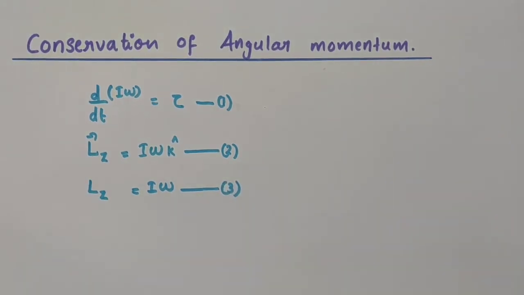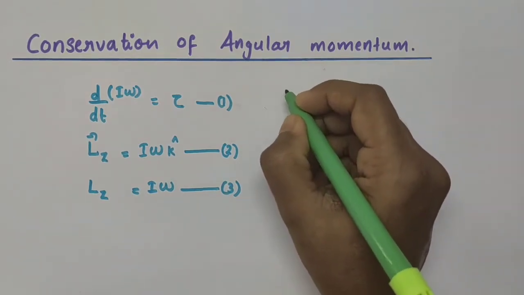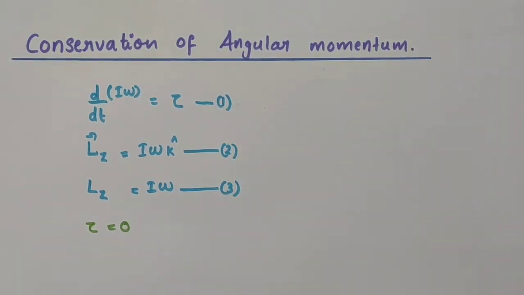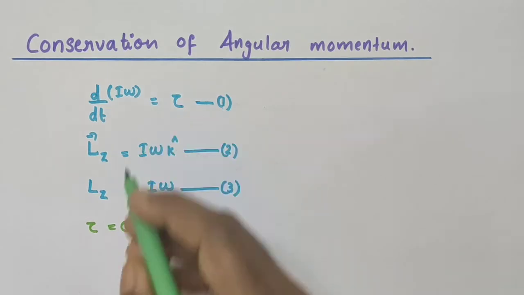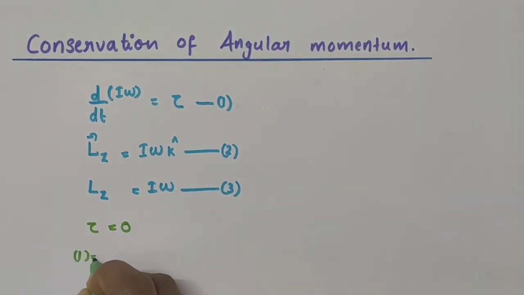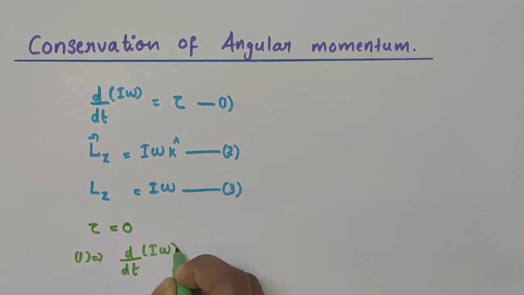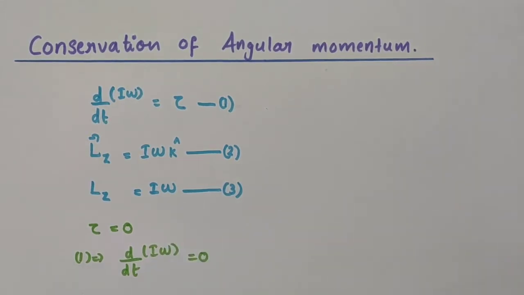Alright. Now, if the external torque is equal to 0, that means if tau equal to 0, then equation number 1 becomes d by dt of I omega equal to 0. Okay, derivative of something equal to 0 means that something is a constant.